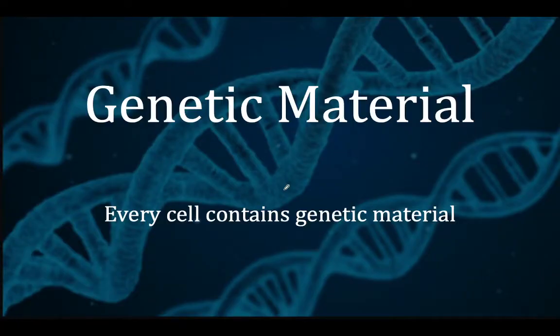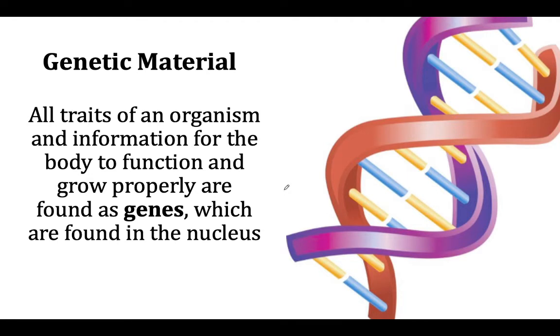Okay, so let's learn a little bit more about genetic material. So every cell contains genetic material. We learned in our cell theory that all living things are made up of cells. Each of those living cells contains some form of genetic material. Okay, moving on. As I mentioned earlier, all the traits of an organism that exist are found in the genes, right?